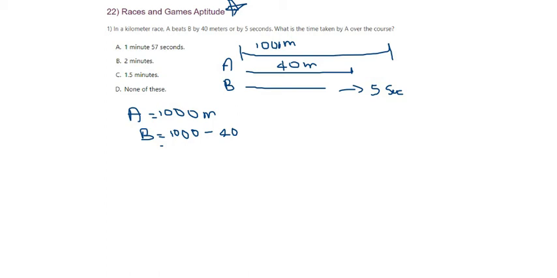That is why here we're taking 1000 minus 40 to find the B course, which means to find the distance, so it is 960.